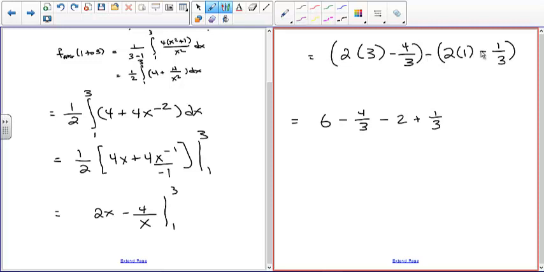So this negative times a negative is a positive. This is negative. So that's going to be 4 minus 3/3. So 4/3 plus negative 4/3 plus 1/3 is negative 3/3, which is just 1. So you get 4 minus 1, which is 3. So that's the answer. So that's your average value for the function.